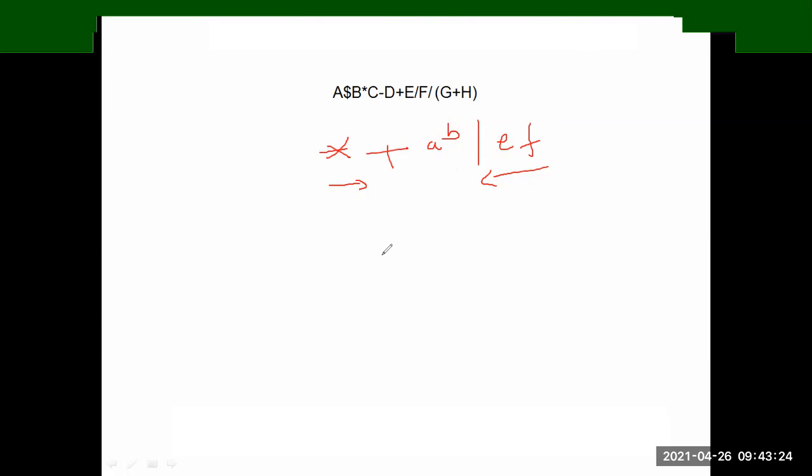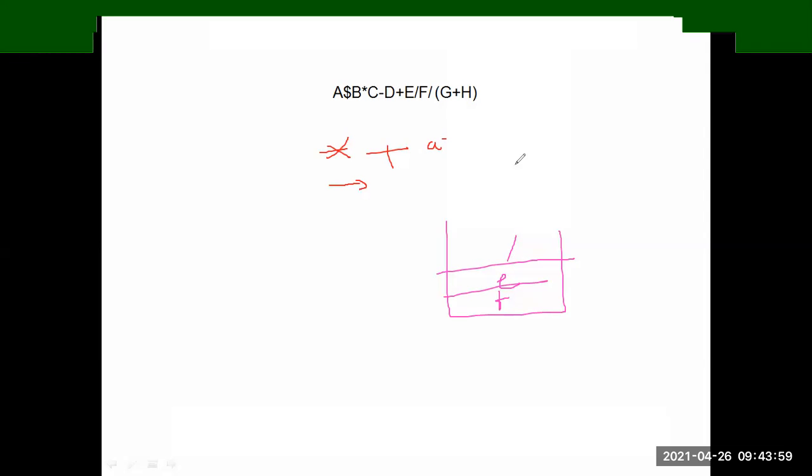Clear? Okay, just do it yourself. From right to left, the first element stored in the stack is F. Next is E. Then there is a divide operation between E and F. Then what do we perform here?